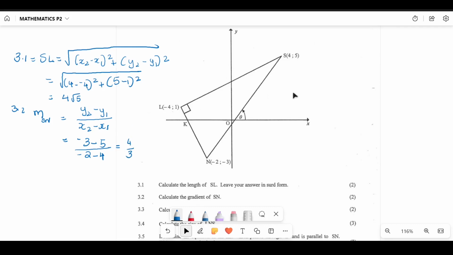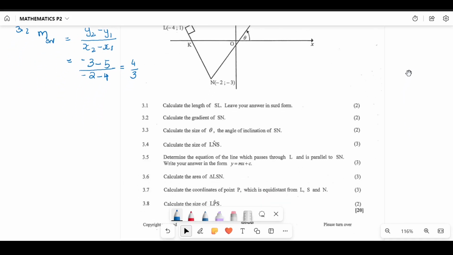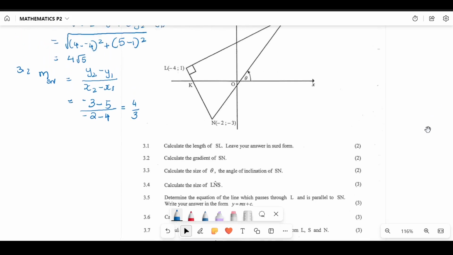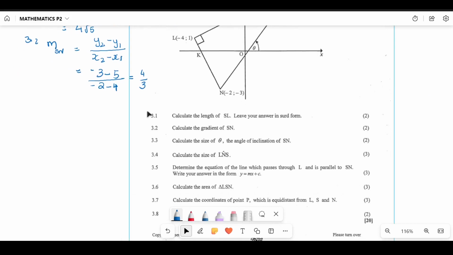Okay. Now the question is, calculate the size of theta, the angle of inclination of SN. So it's already given that it is the angle of inclination of SN. The only formula about angle of inclination is m equal to tan theta.